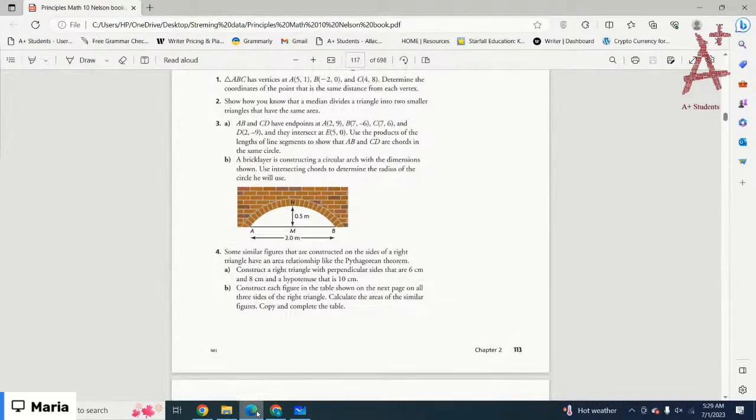Okay, let's look at question number 3. AB and CD have endpoints and they intersect at E. Use the products of the lengths of the line segments to show that AB and CD are chords in the same circle.